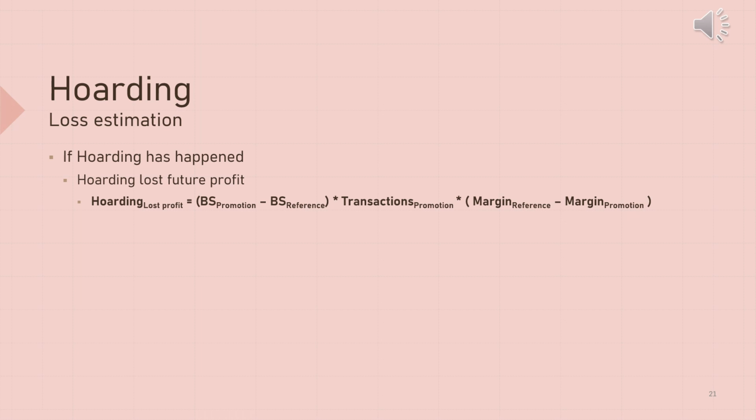That gives us the quantity of goods sold which are hoarded quantities, and then we multiply that with the margin of reference minus margin of promotion, because these items should have sold at the reference period margin, but we sold them at a much lesser margin. That difference is the actual lost profit for us. This is how we calculate the lost profit due to hoarding.